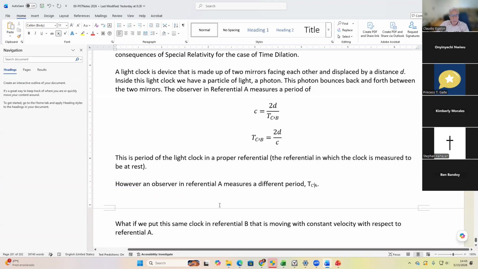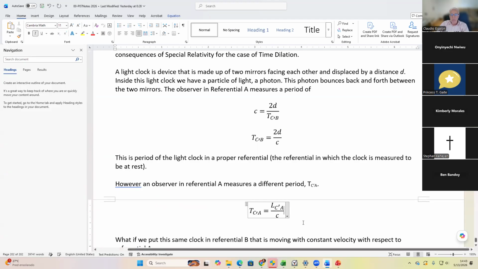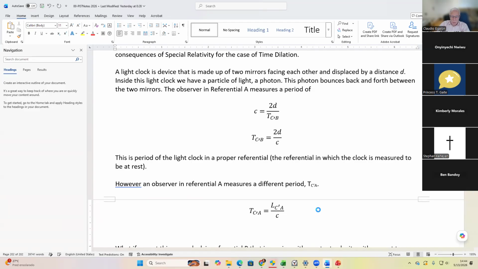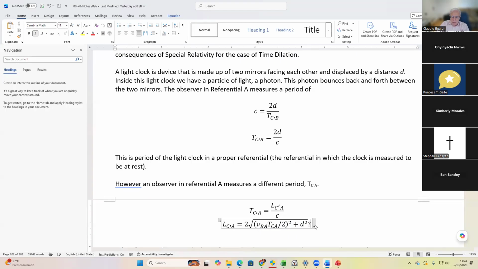T C prime with respect to A is going to be the length that the photon travels as seen from observing referential A divided by C. And this length that an observer in referential A observes is longer than D. I'm going to emphasize here: notice that this length is greater than D.